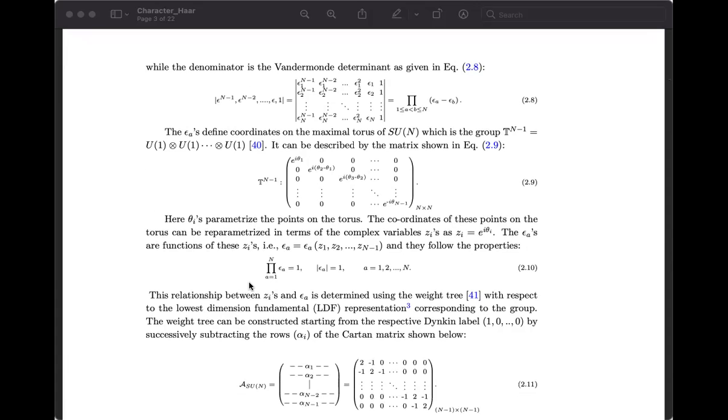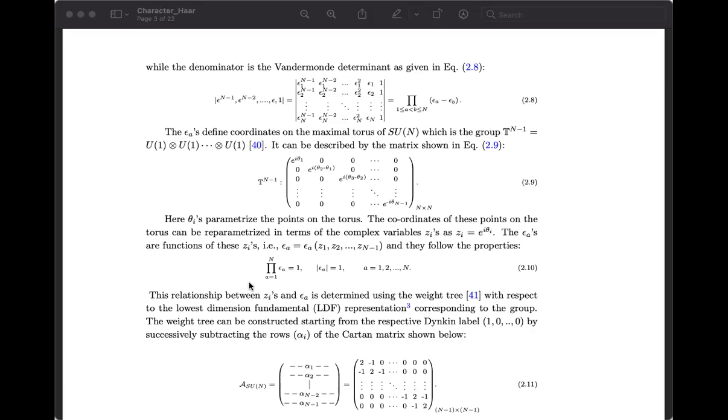Now we need to rewrite the whole thing in terms of z, because at the end of the day we have to perform a contour integral over the unit circle of these zi's, right? So it's better to write all the epsilons in terms of z, such that when we compute the characters, which are functions of epsilons, we can translate them in terms of zi's.